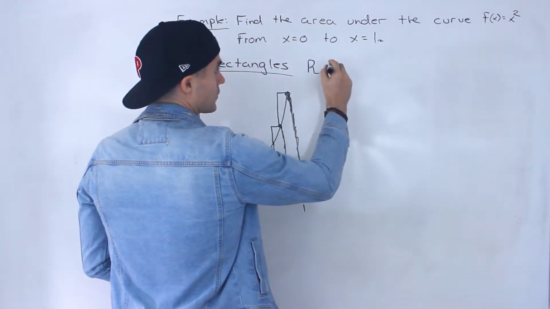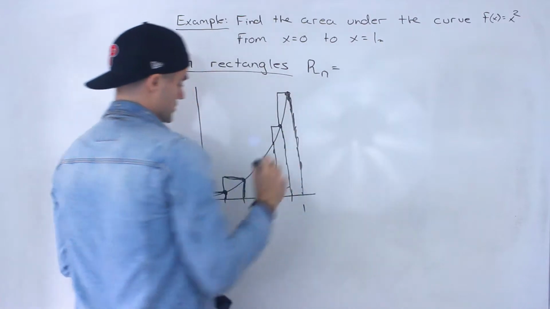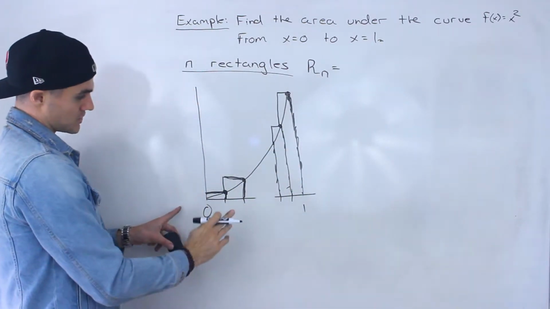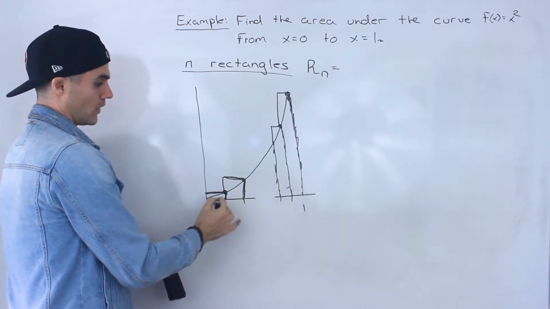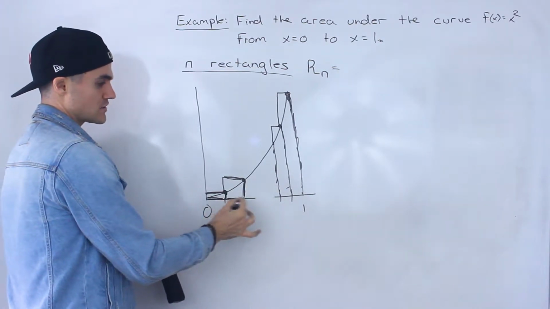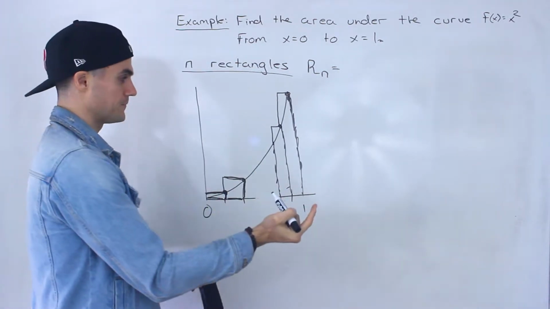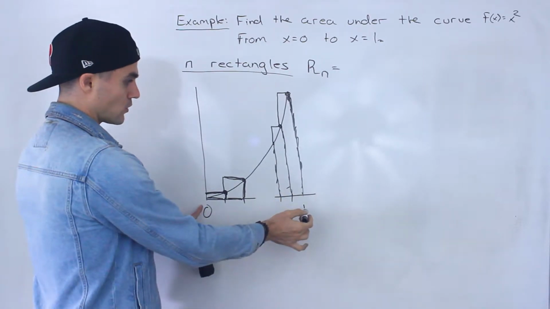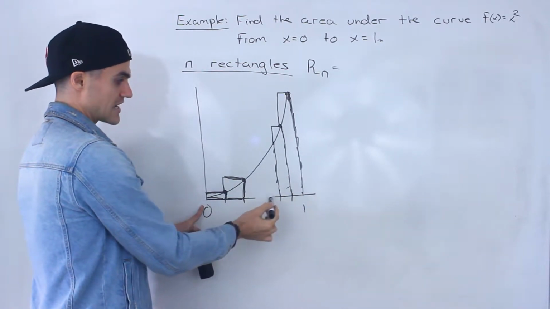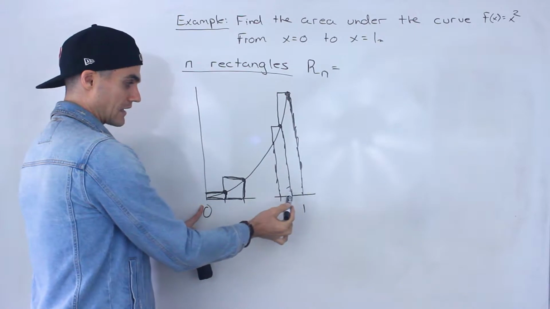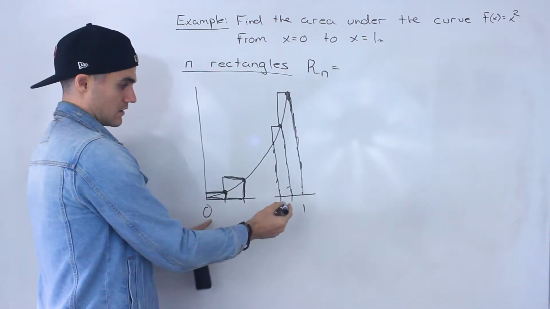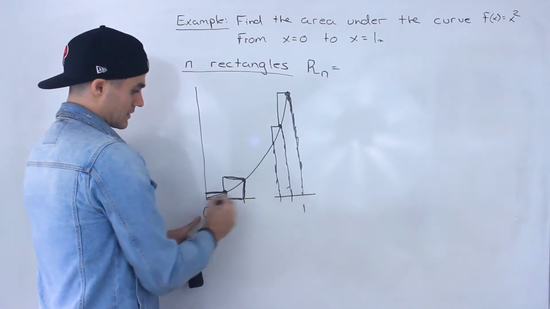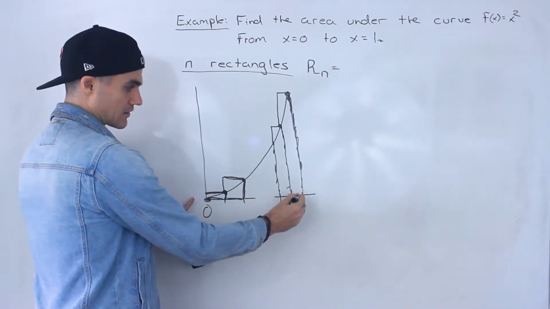So how can we create a general expression? This is where it's going to be a little difficult. So first off, what is the length of each of these rectangles going to be? It's going to be the same. And because we're going from 0 to 1, and there's n rectangles in between, the distance from here to here is 1.